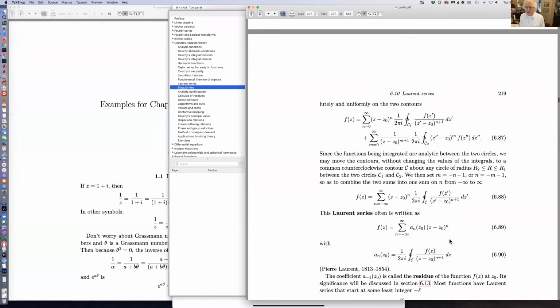If we look at a sub n, it's just given by this integral.